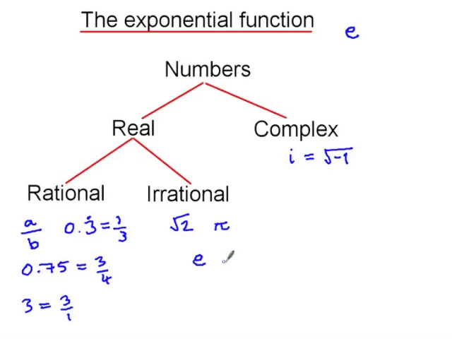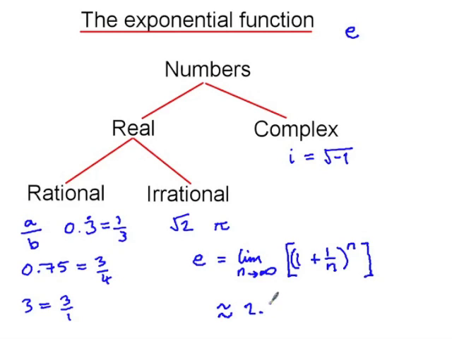Now e is defined as the limit, as n tends to infinity, of 1 plus 1 over n to the power of n. And as a decimal, it's approximately equal to 2.71828.